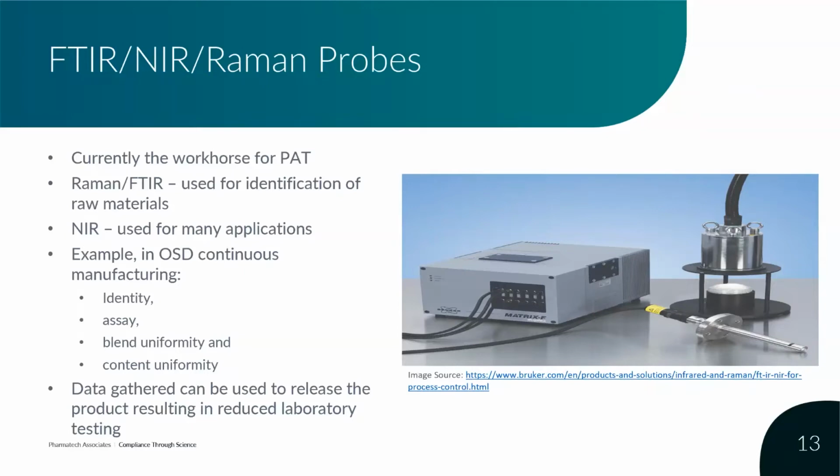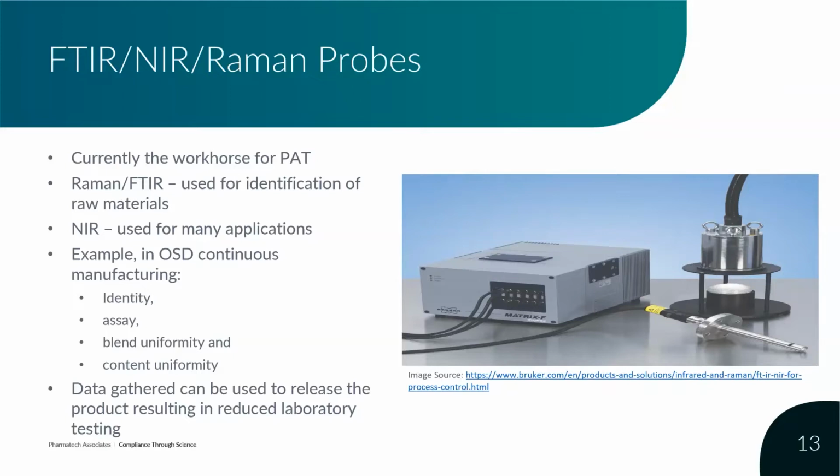All of these techniques are lumped into what chemists call vibrational spectroscopic techniques. And the focus really is on evaluating the absorption or transmission of specific wavelengths of electromagnetic radiation to provide a unique fingerprint for identification.